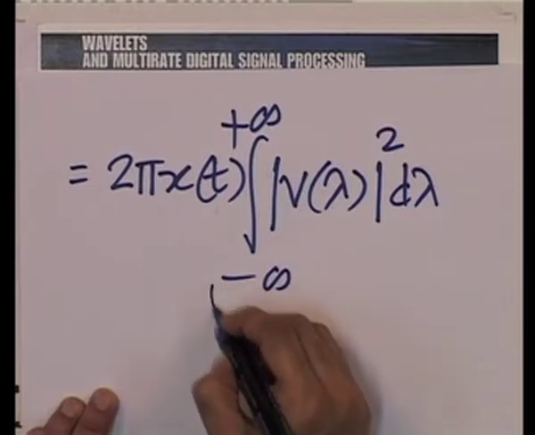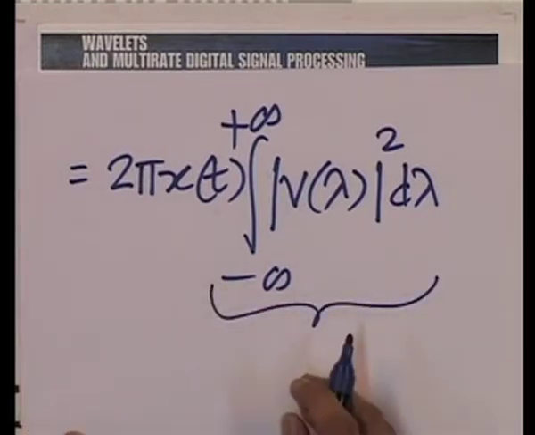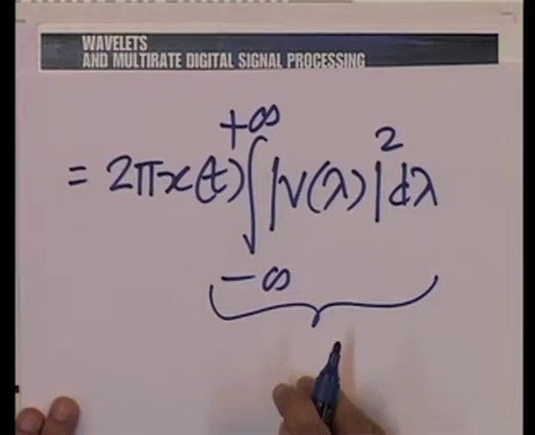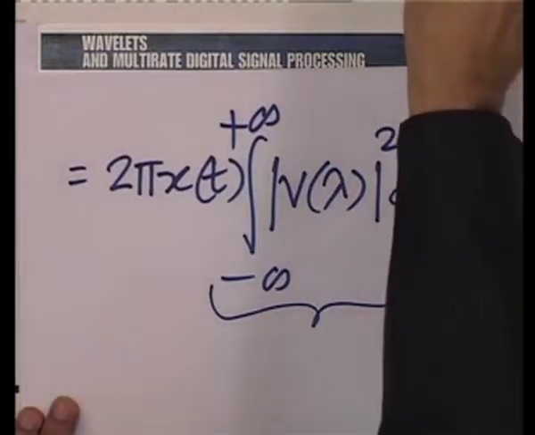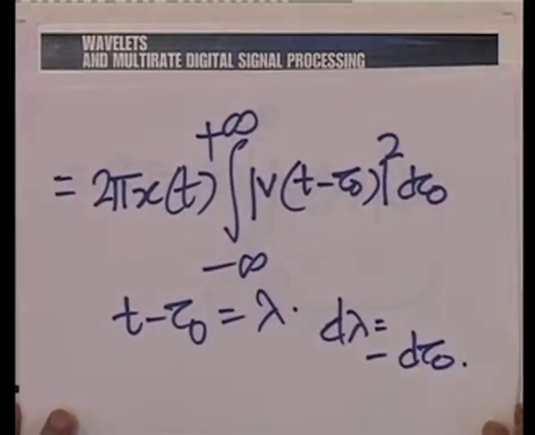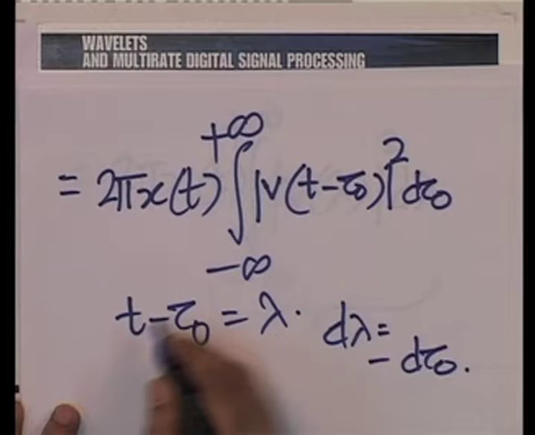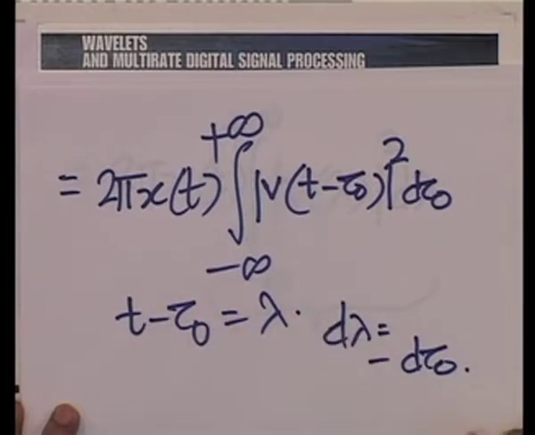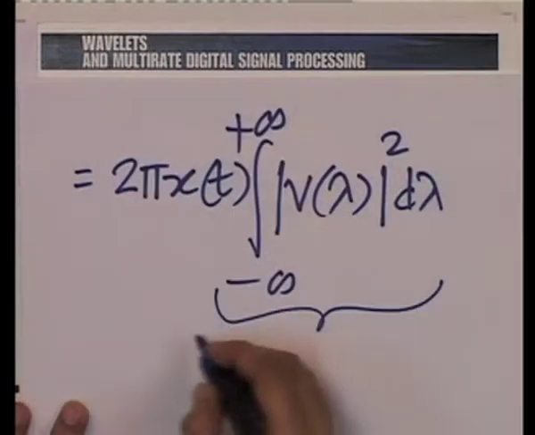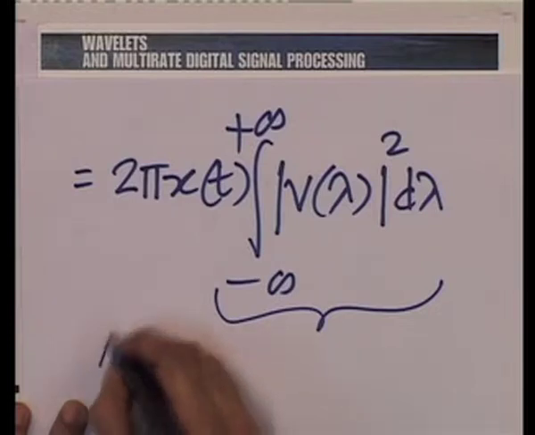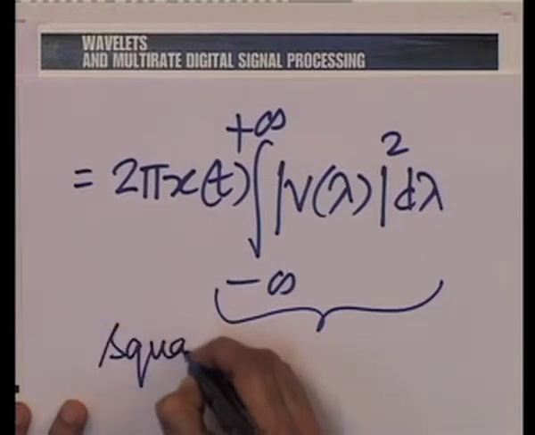And this is a quantity entirely independent of t. Remember that when we made this substitution, we did it for a fixed value of t, and therefore, this process is justified. Essentially, this is the squared L2 norm of v, which is finite.